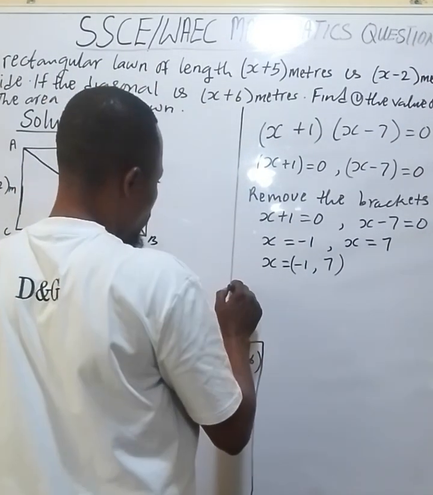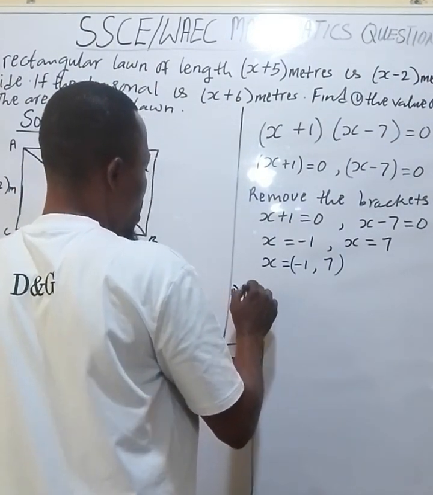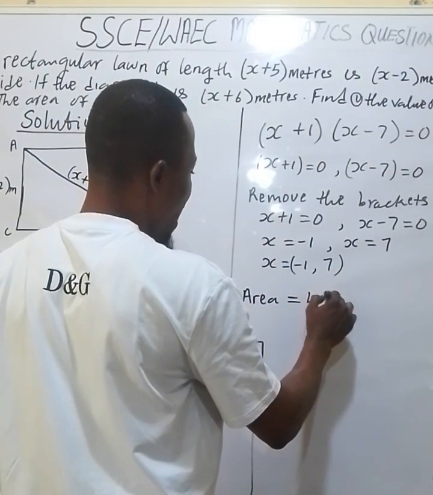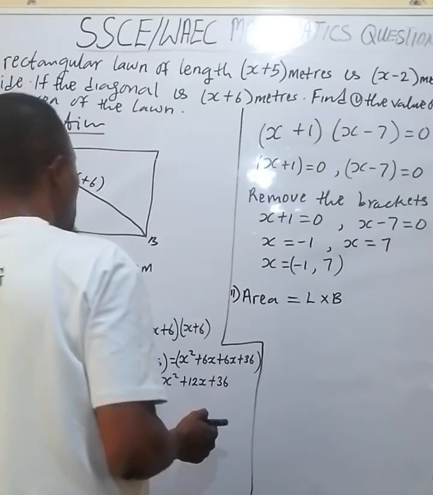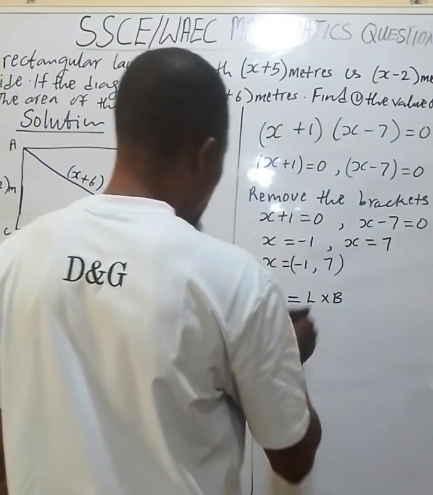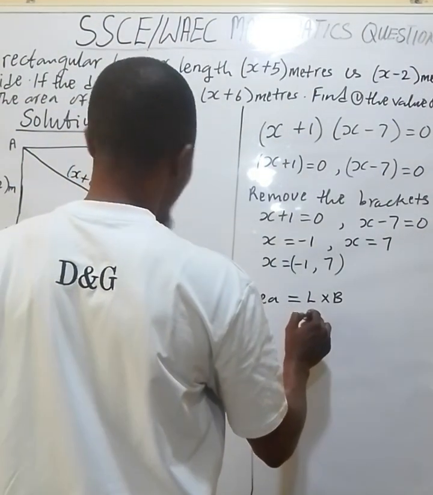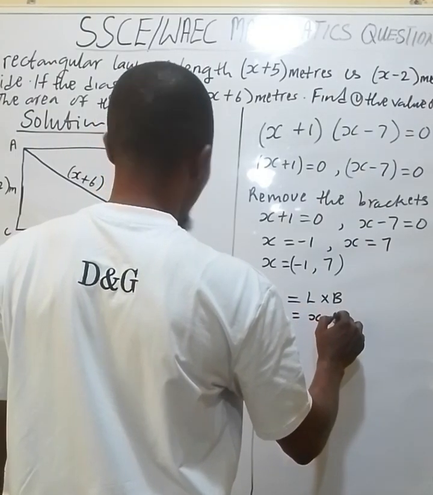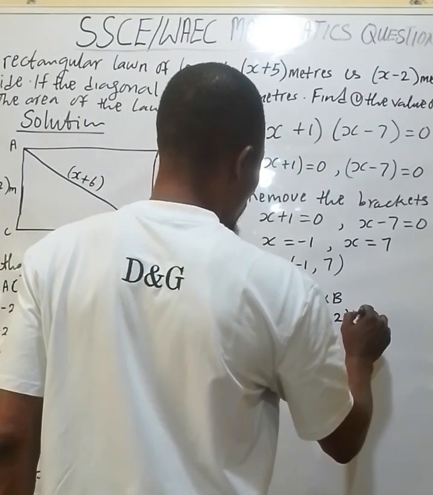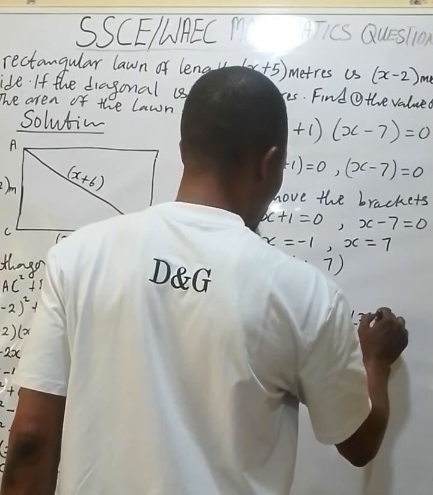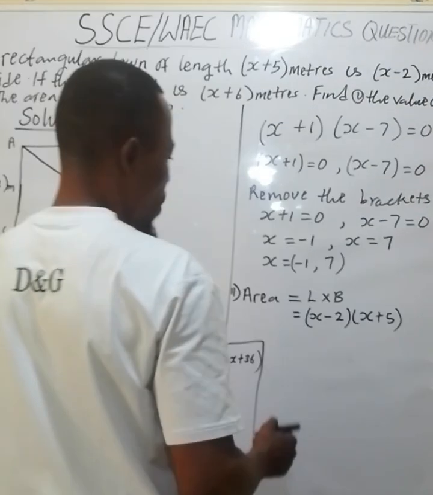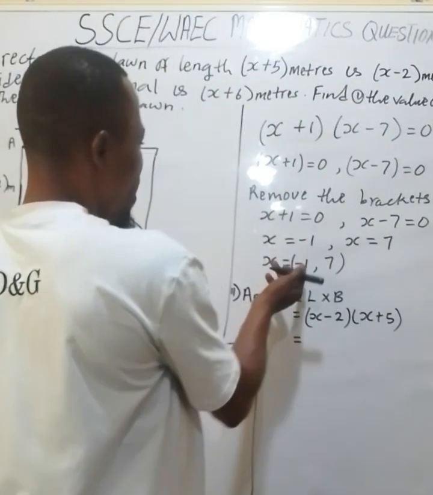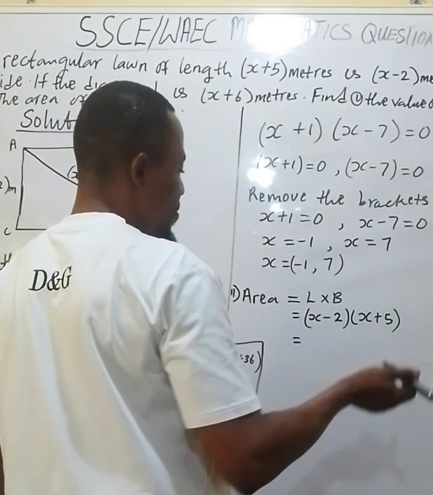So now, which is question 2 now? Area of the land. Area equals to length times breadth. Are we together? So which means it will now be equals to x minus 2 into x plus 5. Are we together? So now we have gotten the value of our x to be minus 1 and 7.